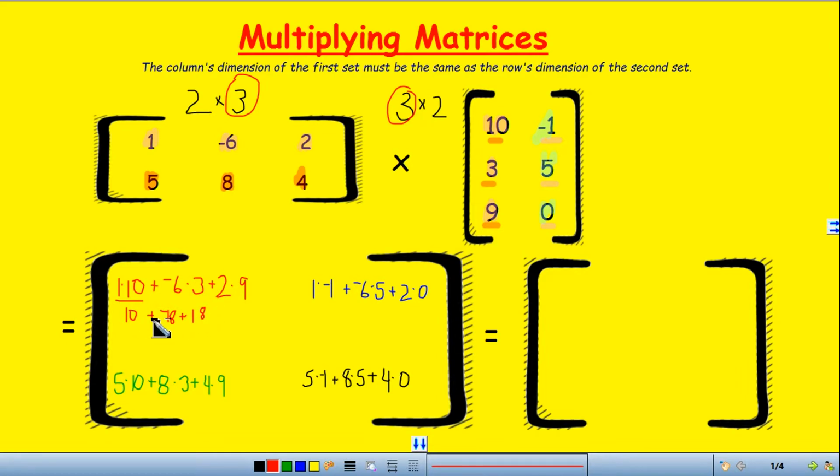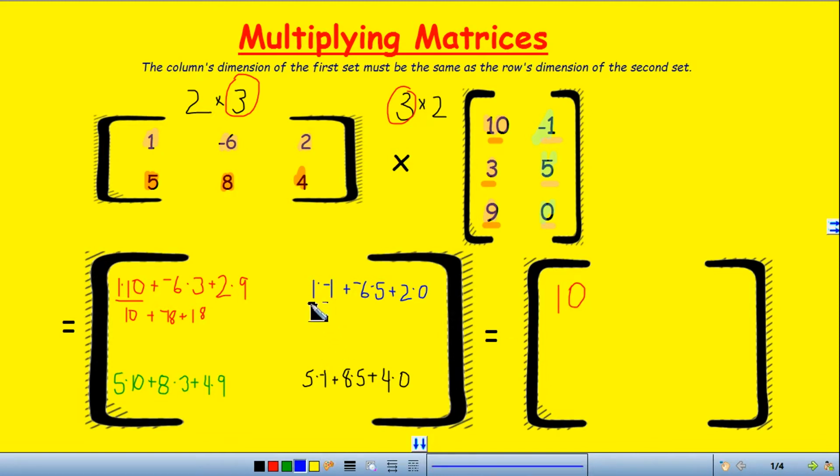So we have 10 plus -18, which gives us -8. And we're going to add that to 18. And so we have -8 plus 18 gives us 10. So I'm going to place it over here in our final answer.